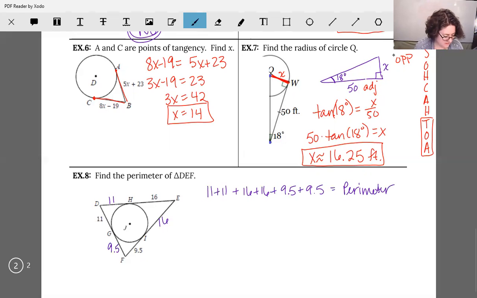Another trick that I could do, because I know each one of these values is used twice, I could just add them up and then multiply by 2. So either way that you approach it, we should get that the perimeter equals 73.